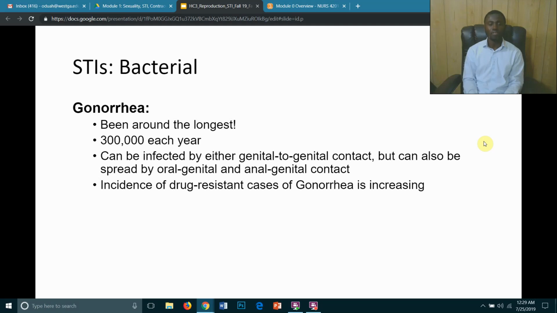The incidence of drug-resistant cases of gonorrhea is increasing because of the rate of infection among people. About 300,000 infections of gonorrhea are reported every year, so you can see how high the incidence rate is for gonorrhea.